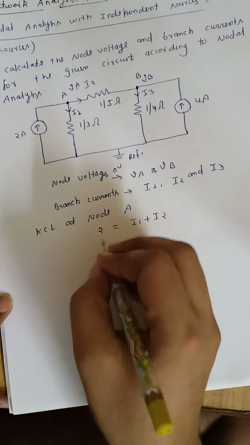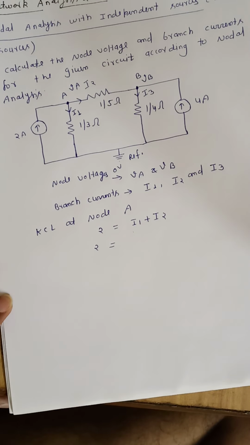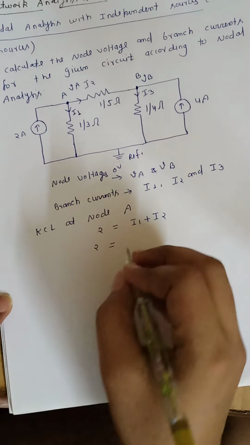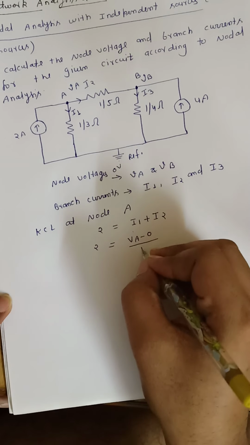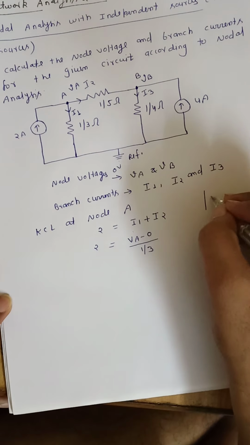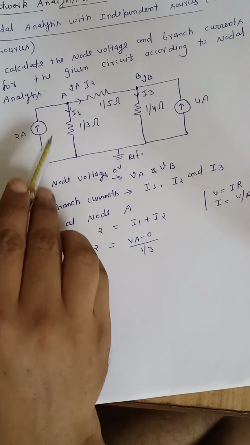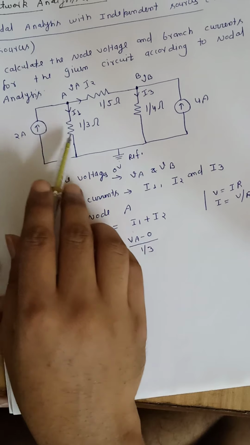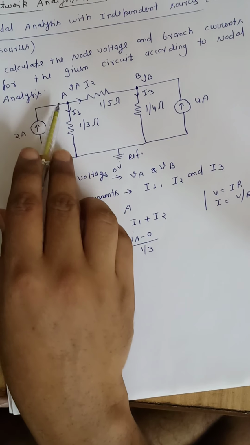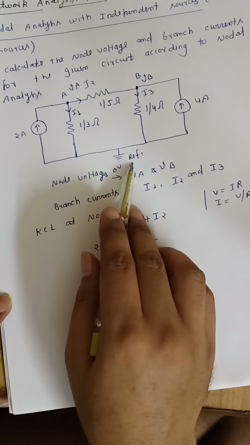Now let us put the value of I1 as per Ohm's law. So we have I1 equal to VA minus 0 divided by 1/3. We know V equals IR, so I equals V upon R. I1 means current in the 1/3 ohm resistor, and one end of the resistor is connected with node A, the second node is connected with the reference node.